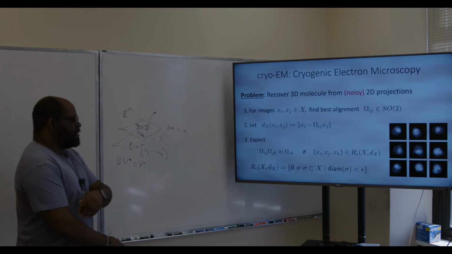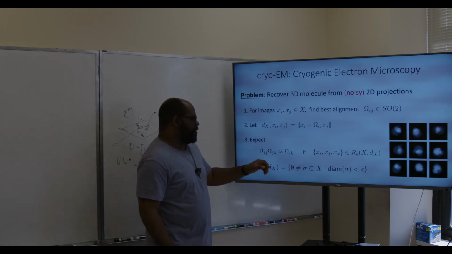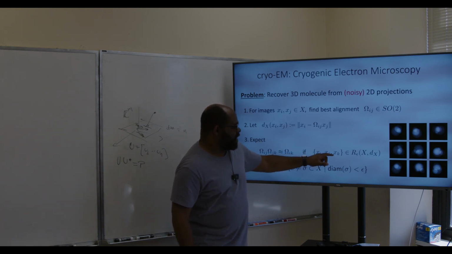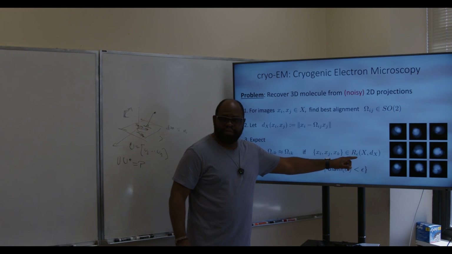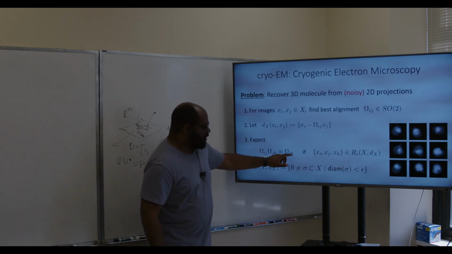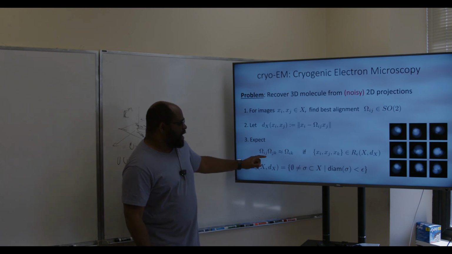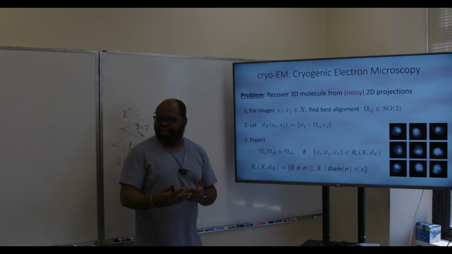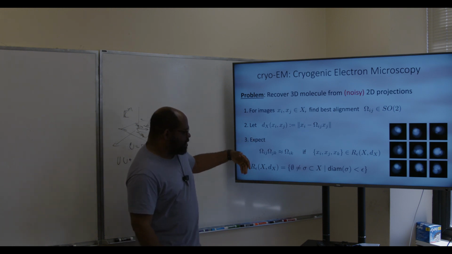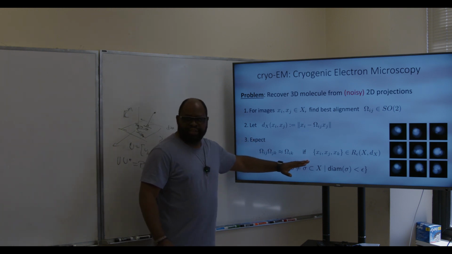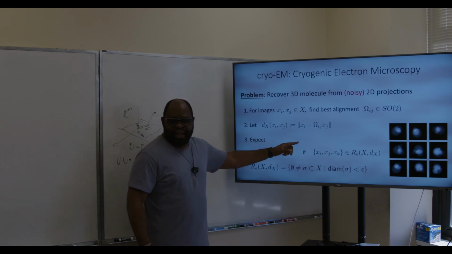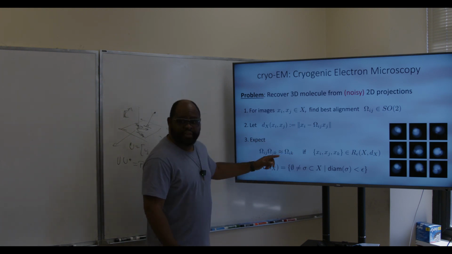We expect that if the distances from xi to xj, xj to xk, and xi to xk are very small, epsilon, then aligning i with k should be similar to aligning i with j and j with k. We've seen before what this kind of structure is. This looks like a cocycle condition associated to this topological space.